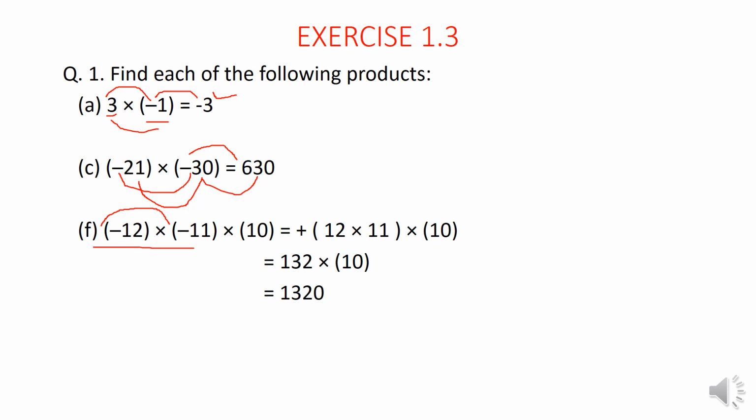So, minus multiplied by minus will become plus, and we will write 12 multiplied by 11 in the bracket, and multiplied by 10 will be as it is. So, the plus sign will come as it is. 12 multiplied by 11 will become 132, and multiplied by 10 will be as it is. 132 multiplied by 10, the answer will be 1320.